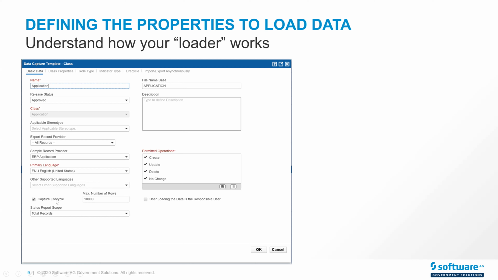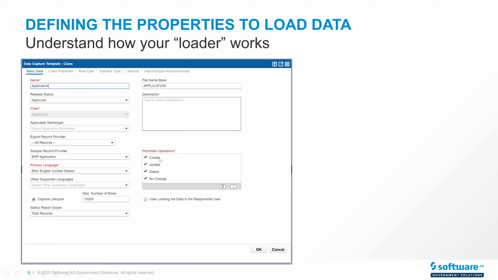I want to capture the life cycle when I generate this template. I can process 10,000 rows at a time, and that's sufficient for most people. I can give a prefix to the Excel file that's generated. I can give a description here for the purpose of the loader.